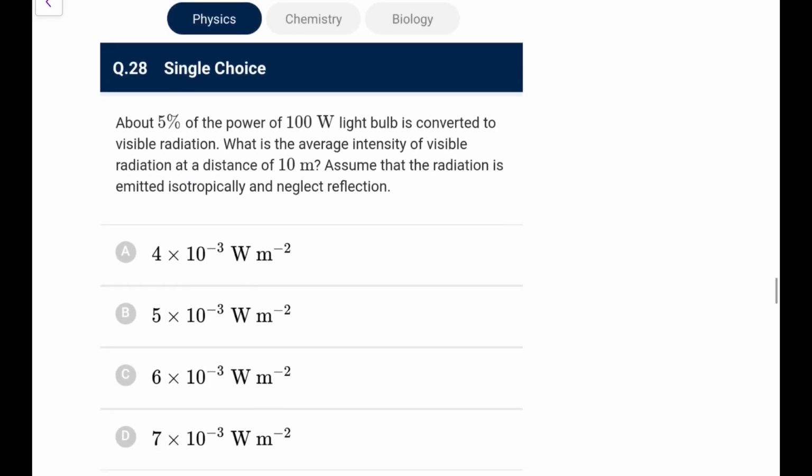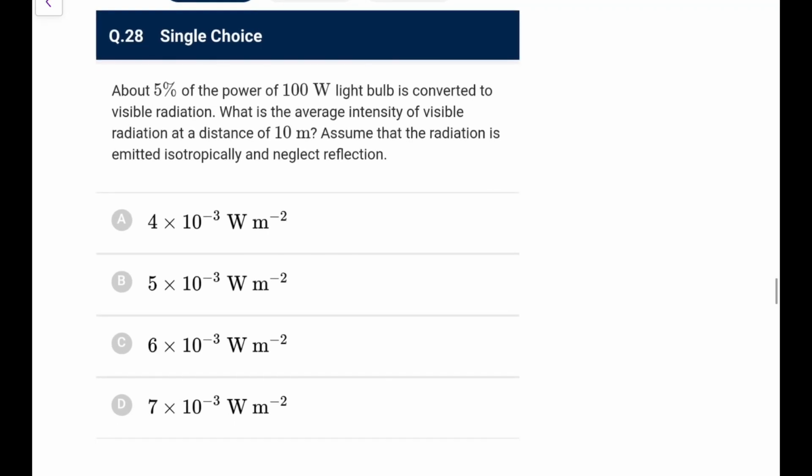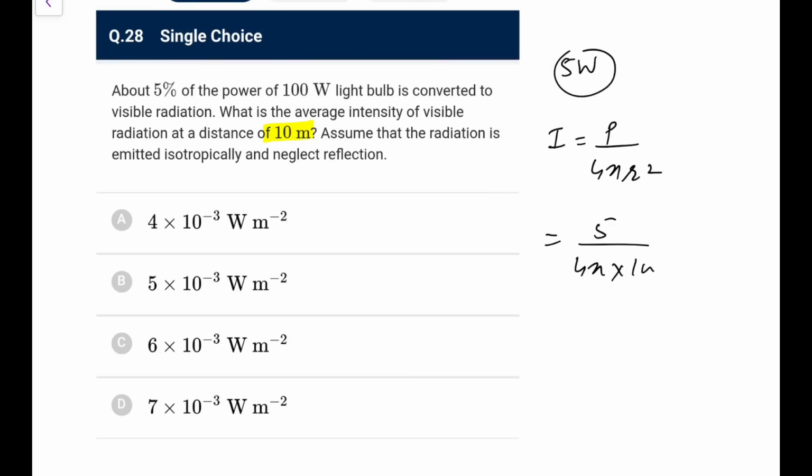Next one. About 5% of the power of a 100 watt light bulb is converted to visible radiation. What is the average intensity of visible radiation at a distance of 10 meter? So 5% power means 5 watt. Intensity at a distance r would be P upon 4 pi r square, because we are assuming it to be isotropic. So this is directly 5 upon 4 pi r square, with r square becoming 100.